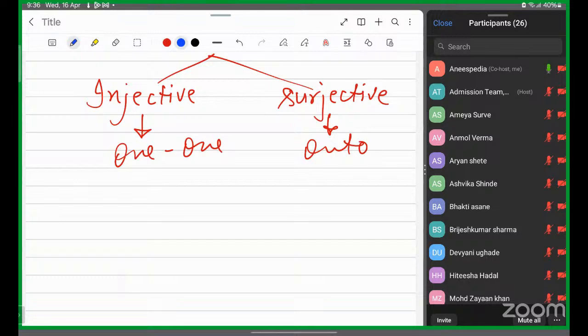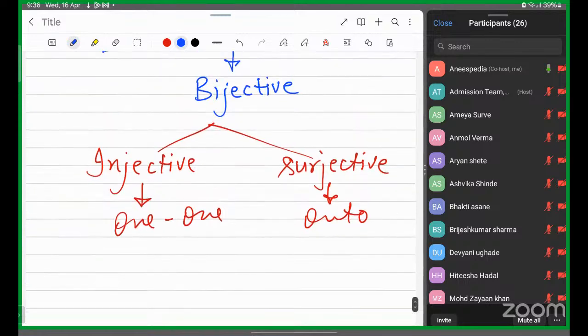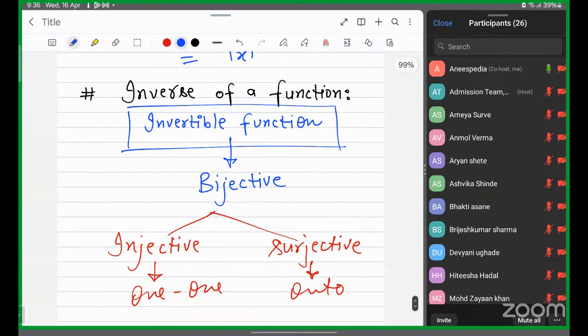If we have a function which is one-one but not onto, it's into, then we cannot find its inverse, and its inverse does not exist. So the question will be, check whether the given function is invertible or not. So you have to check for its behavior as one-one and onto.